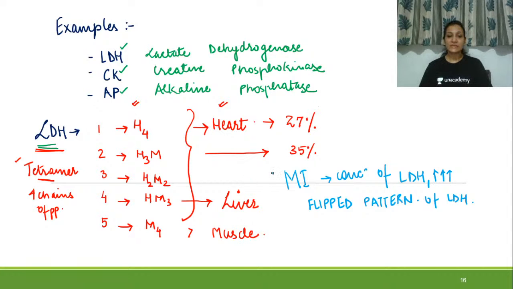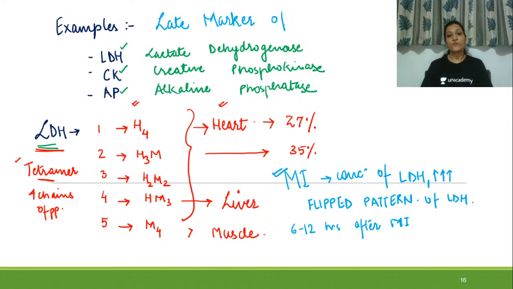What happens is LDH1 starts increasing in case of MI. And when does it start increasing? 6 to 12 hours after MI. Since it is 6 to 12 hours later, it means it's a late marker of MI, because its concentration starts increasing 6 to 12 hours after.